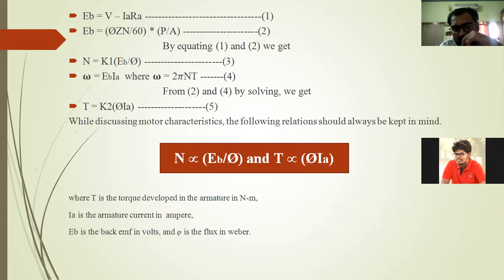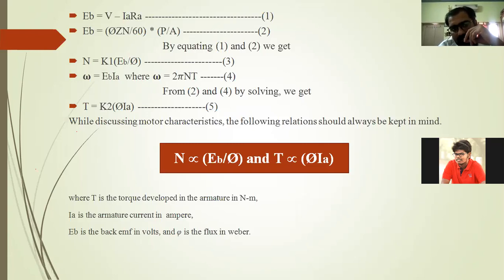These two equations are very important for defining our characteristics, the starting characteristics and the running characteristics. Running characteristics are the characteristics we study between speed and torque, that is EB by phi versus phi into IA.